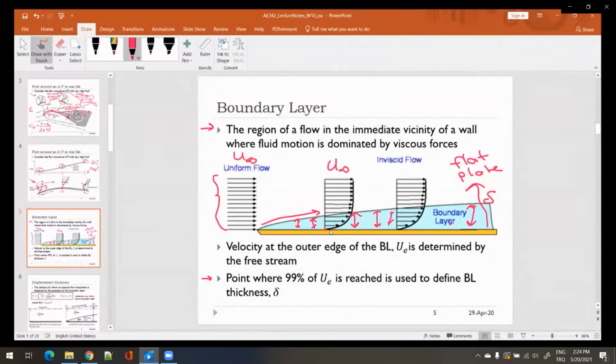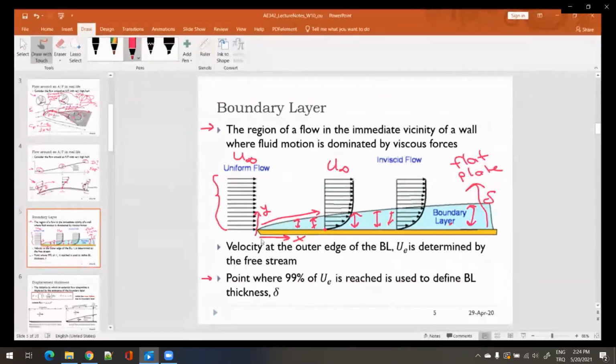As we move along the flat plate, let's put a coordinate system: this direction is x, and this direction is y, normal to the surface of the flat plate.